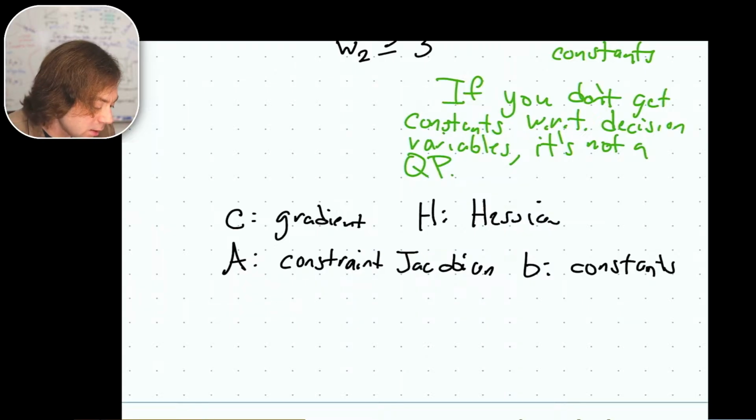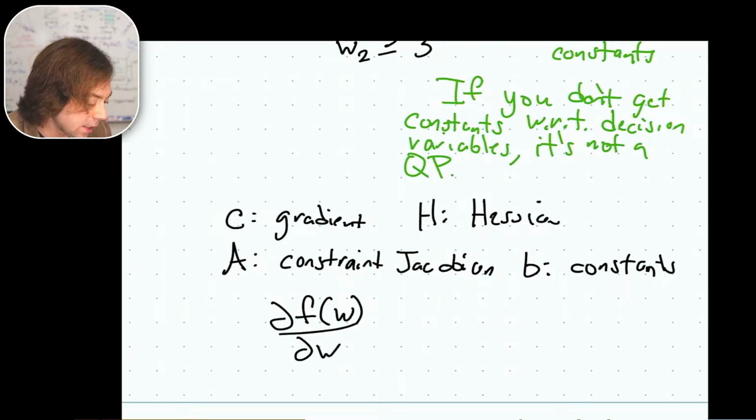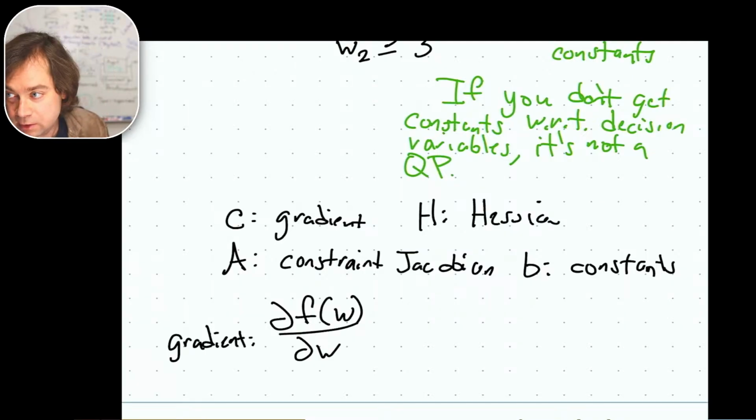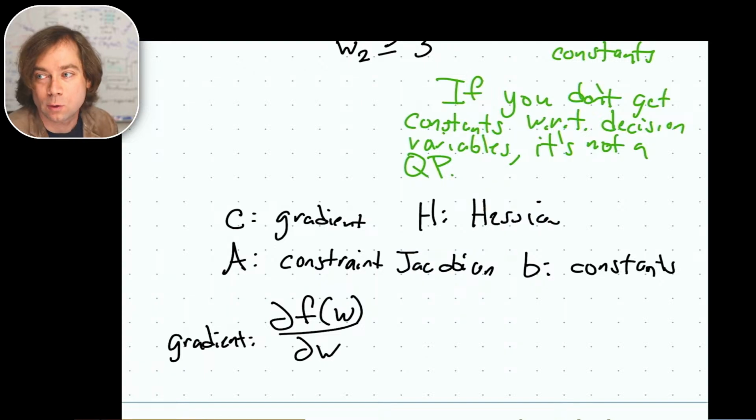So let's take the partial derivative of our cost function f of w with respect to w. That is our gradient, right? We're doing it by hand, but didn't we cover last time in MATLAB how the symbolic toolbox can do it for us? Oh, how lovely. Oh, how great. Oh, how cool, right? Okay.